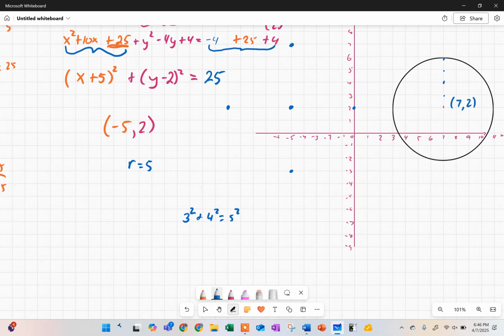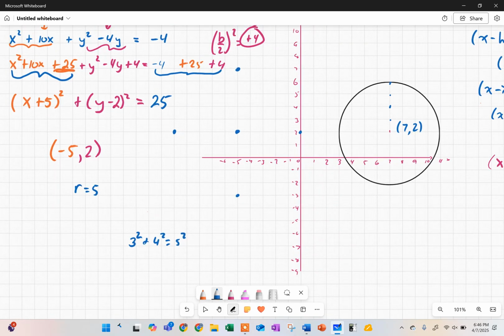So if I go over 3 and up 4, this length would have to be 5, because this is 3 and this is 4. What that also means is if I went over 4 and up 3, that's a point.